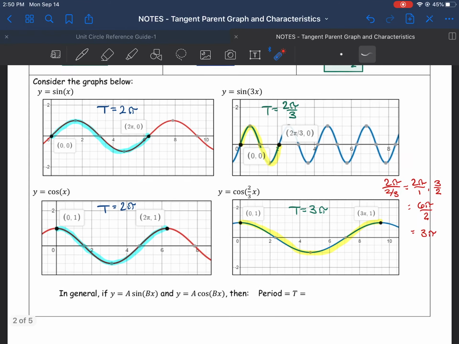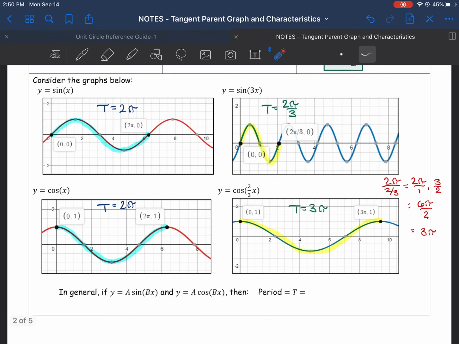So in general, if we have y equals a sine of bx, or y equals a cosine of bx, then the period, which is uppercase T, is going to be equal to 2 pi divided by this number b that's being multiplied to x inside the parentheses.